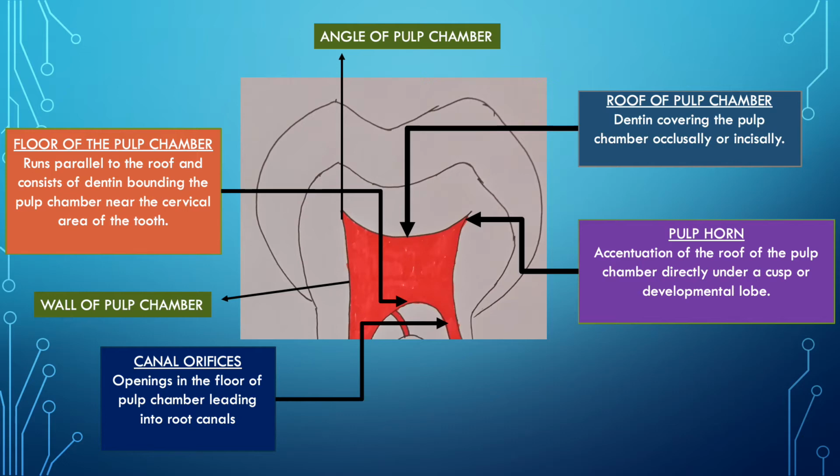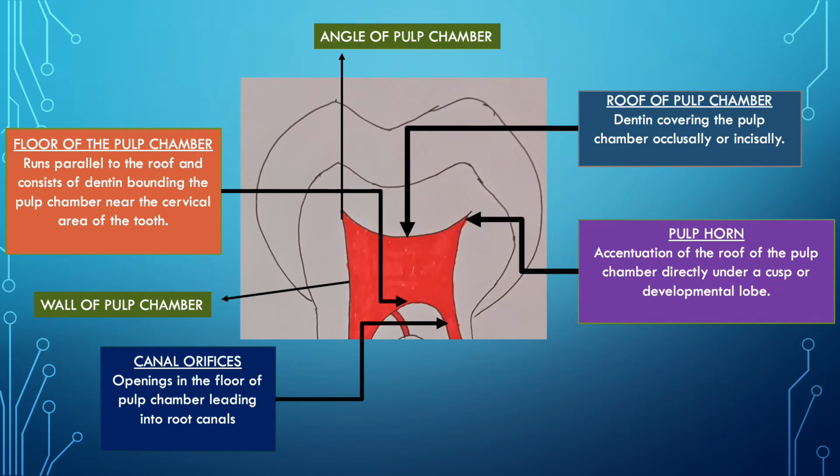Which are the different parts of a pulp chamber? The pulp chamber consists of the roof of the pulp chamber, which is the dentin overlying the pulpal cavity occlusally or incisally. Then there is the pulp horn, which is an exaggeration of the roof of the pulp chamber, under the corresponding cusp. Then there is the floor of the pulp chamber, which is parallel to the roof.